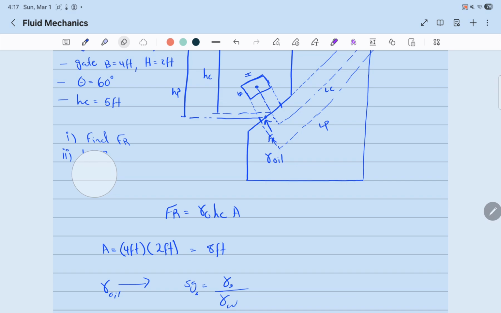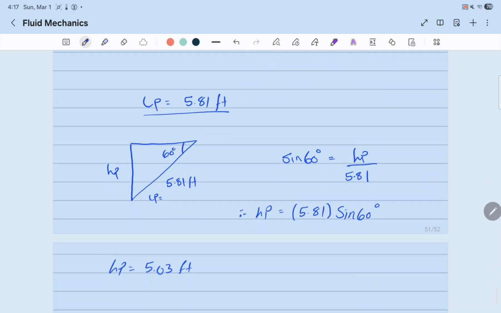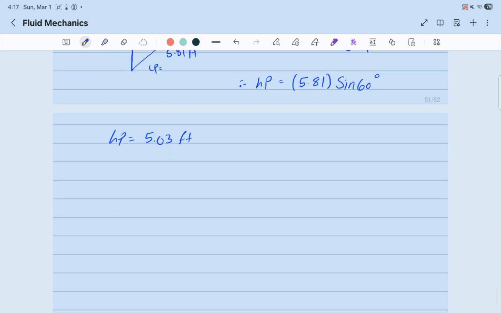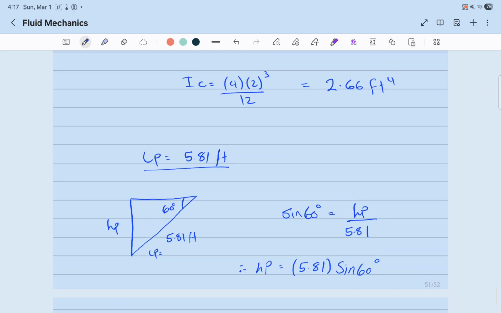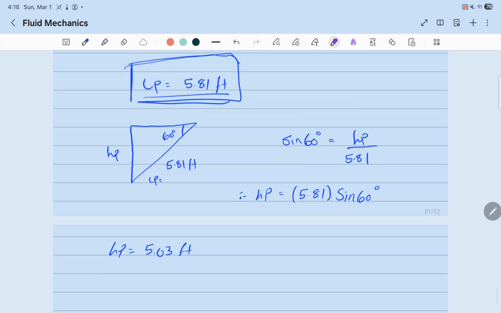This here, we're not looking for the depth of the pressure of where it's happening, rather the location of center of pressure, which is LP. So this here should be the location, the center of pressure, this here. HP is not required. Okay, that's it for this example. See you in the next one.